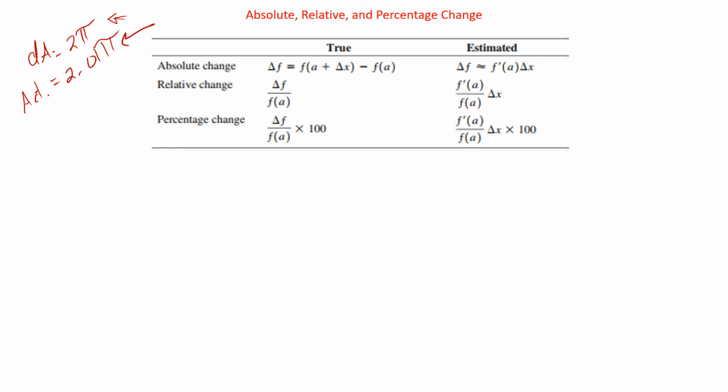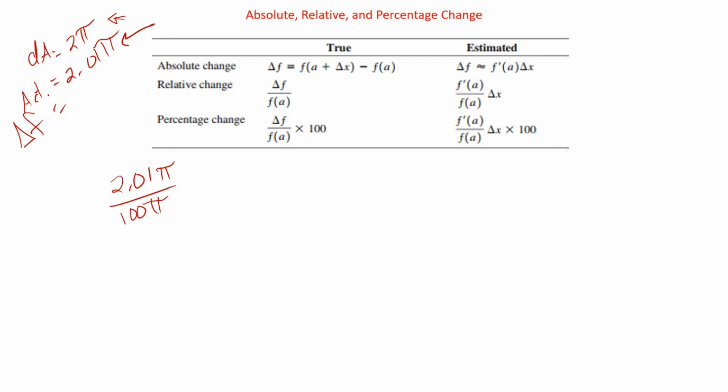The relative change is going to be how much it changed versus the original value. The true one, this actual is delta f, so it would be 2.01 pi divided by what was the area from 10. It was f of 10, so that would be pi times 10 squared, which was 100 pi.